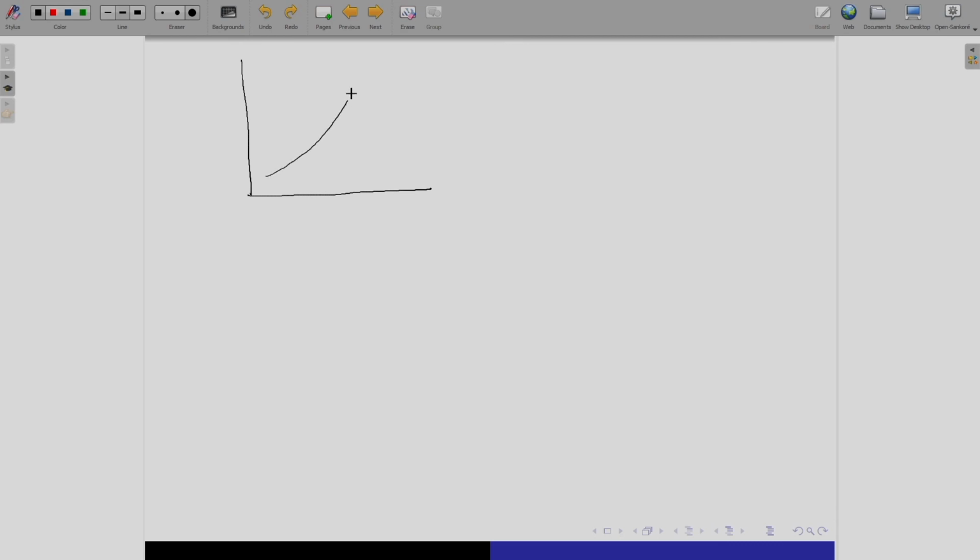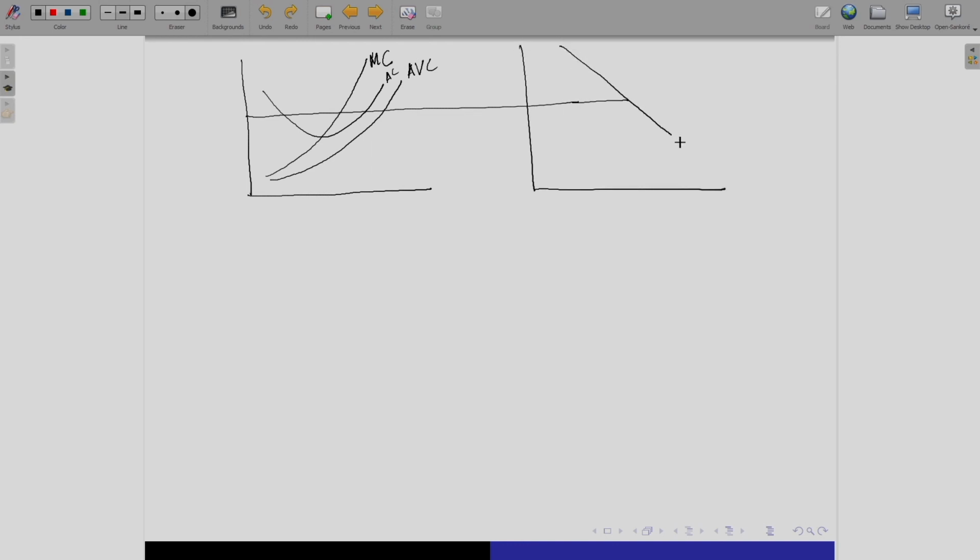Suppose this is the marginal cost, this is the average variable cost, and this is the average cost. Okay. And suppose the market price is this. So, supply curve is something like this.